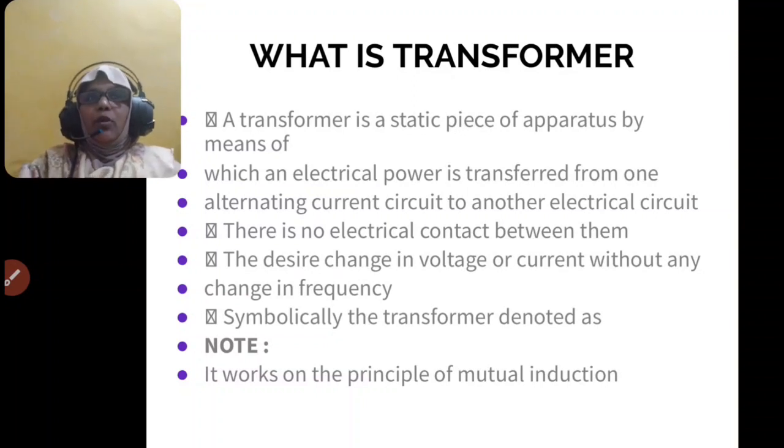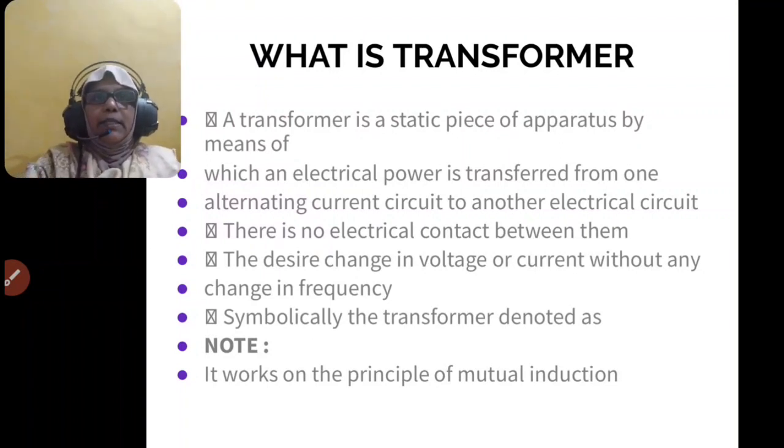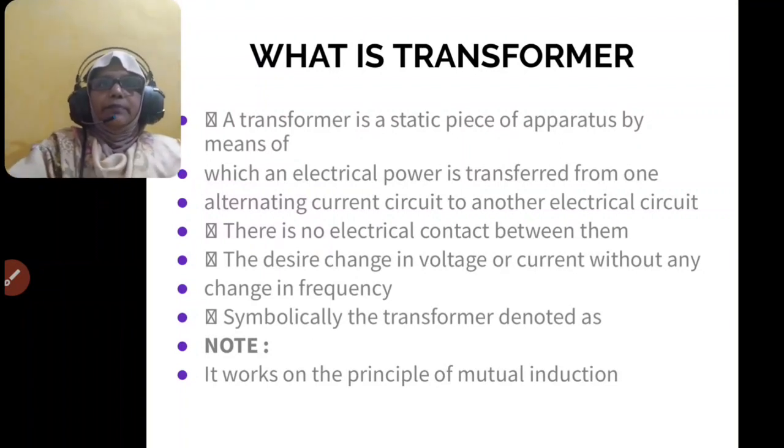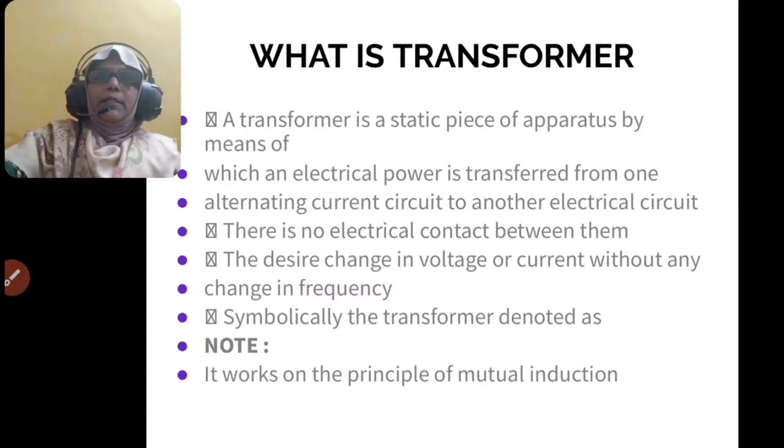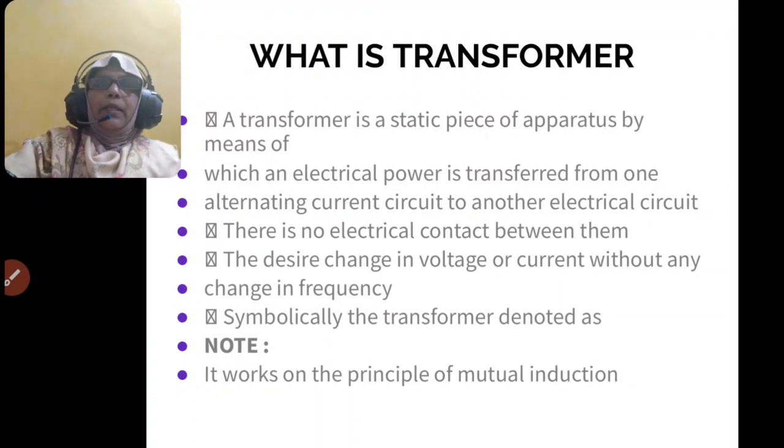First we see what is a transformer. As you all know, a transformer is a static piece of apparatus. A static piece of apparatus is nothing but a stationary device. It is based on the principle of mutual induction.